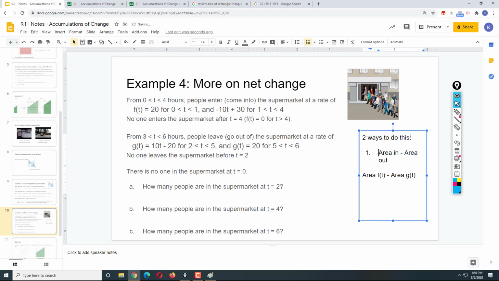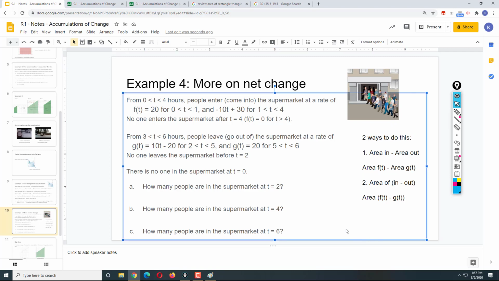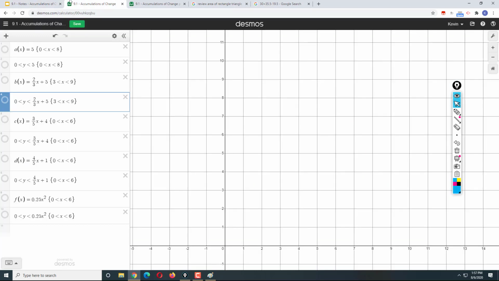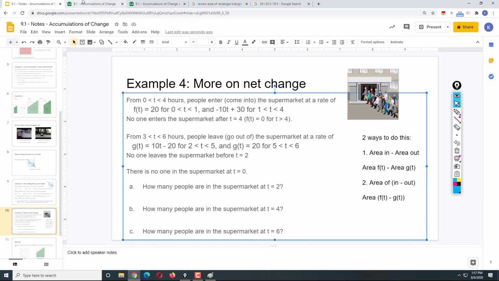That's the first method. Second method is we want the area of the function in minus out, which is the area of f of t minus g of t. We will get the same answer. Let's use both methods to do part A. Actually, it's going to be the same. We'll use both methods to do the other parts.